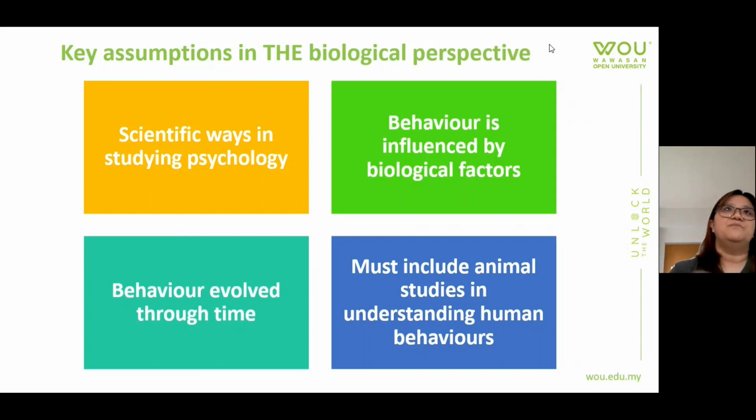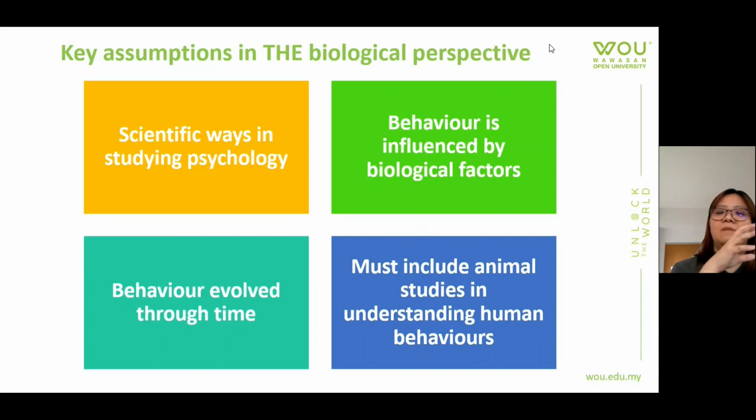So we also have some behavior that will continue to evolve as time goes by. All these evolutions are aimed at helping living species to be more adaptive to the environment. That is why behavior supposedly evolves through time.